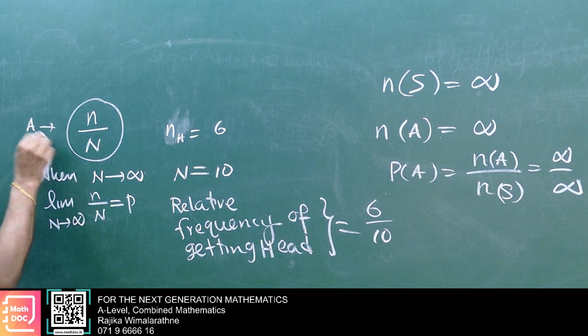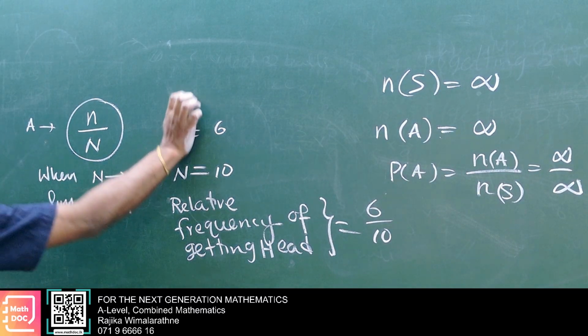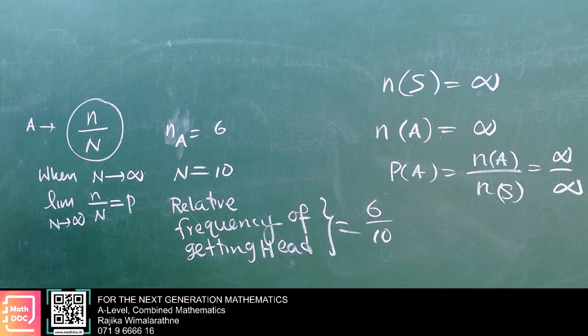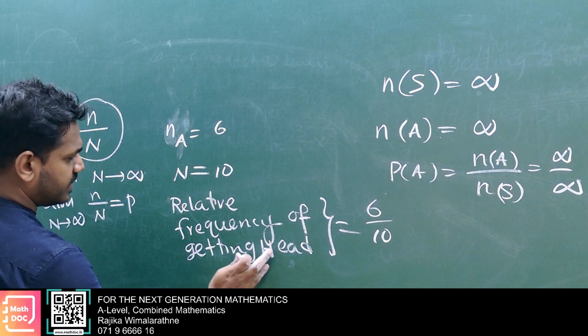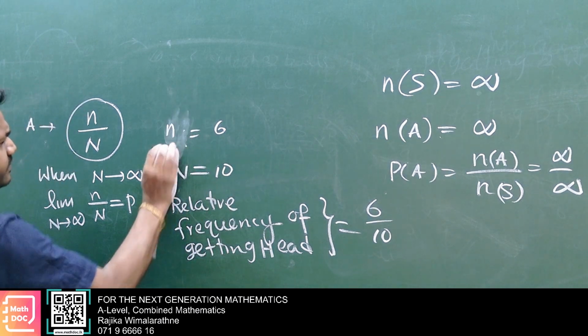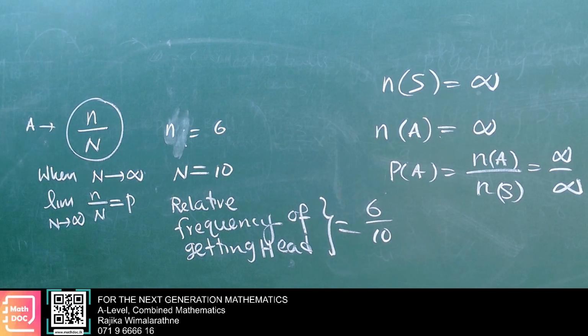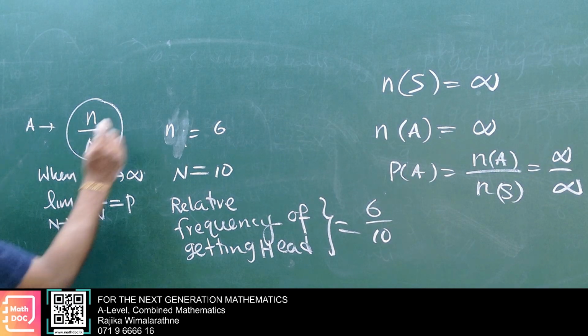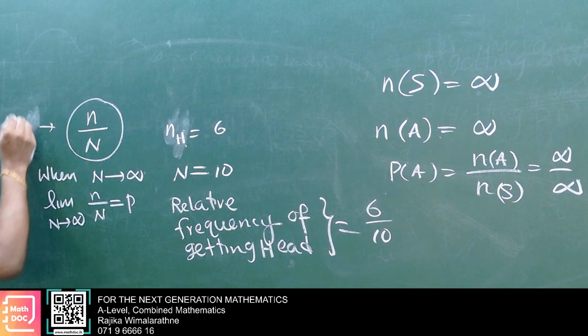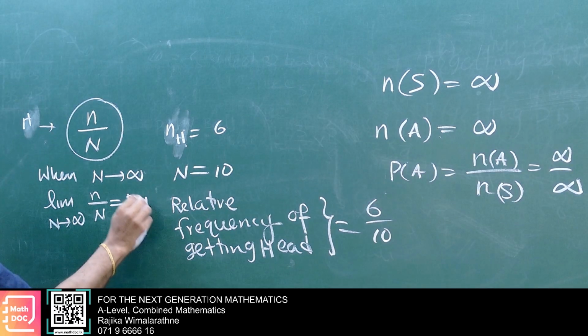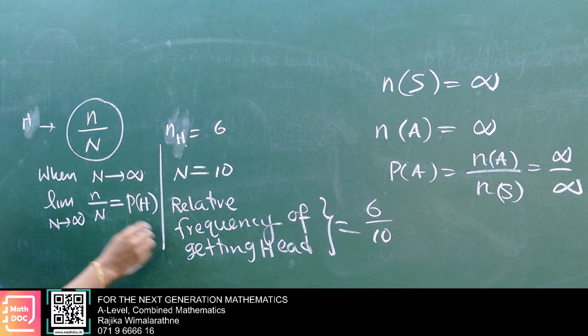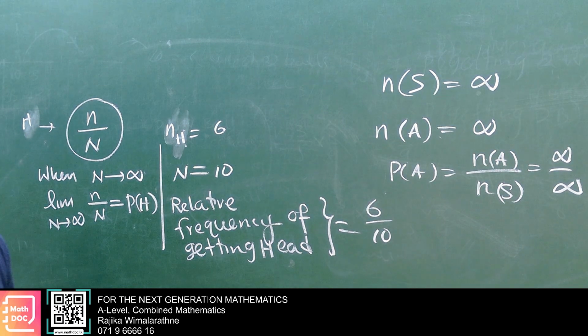Here, consider the relative frequency of getting, let's say, H. Then we say this is P(H).